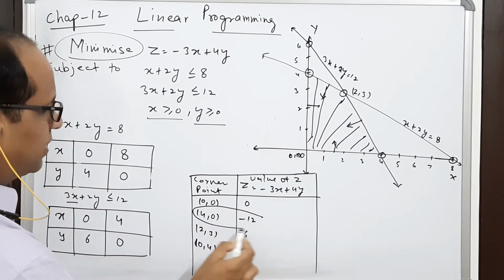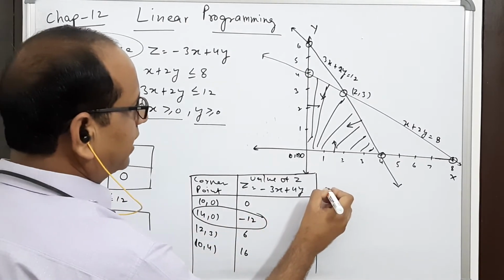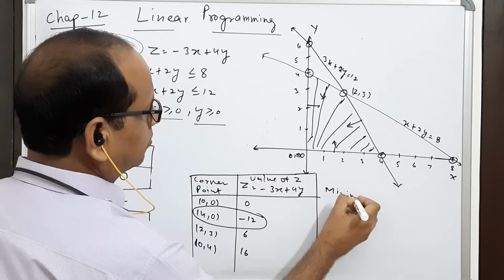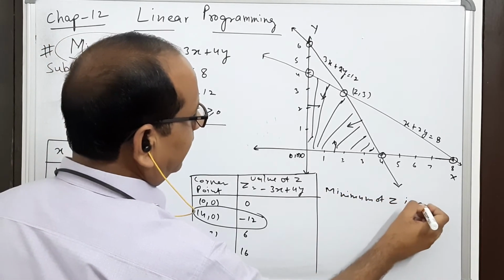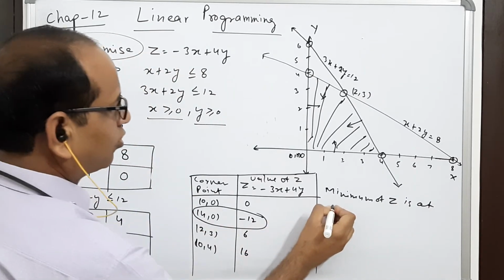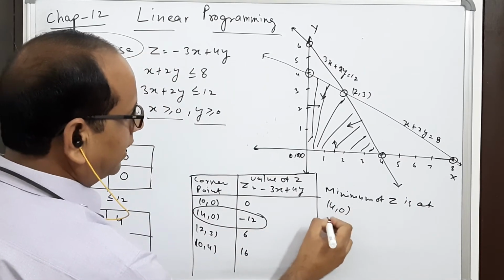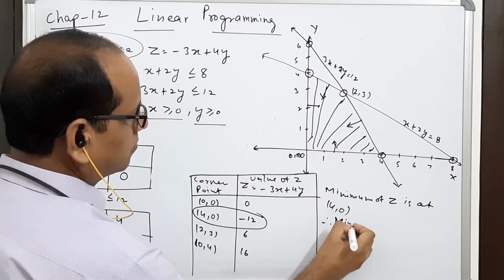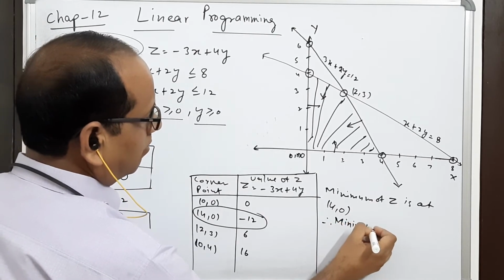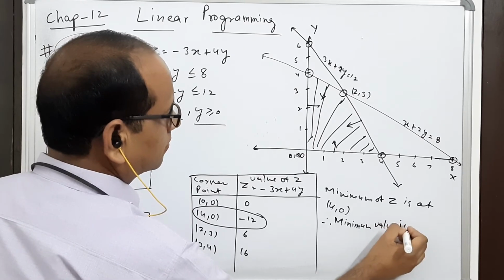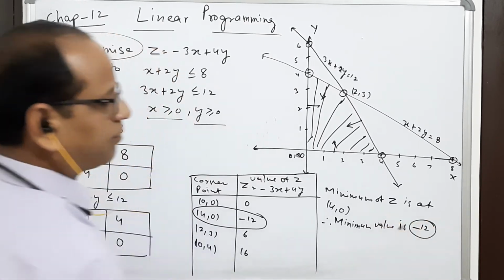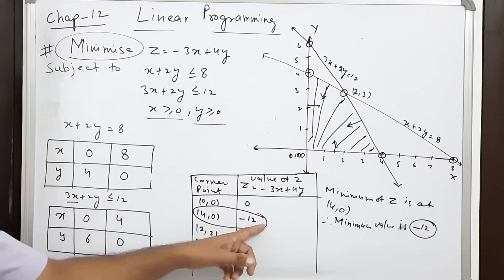So where will be the minimum value? We can say that the minimum value of z is at the point 4 comma 0. And what is the minimum value? The minimum value is minus 12.